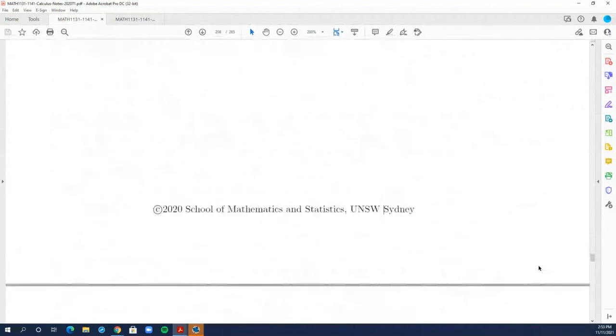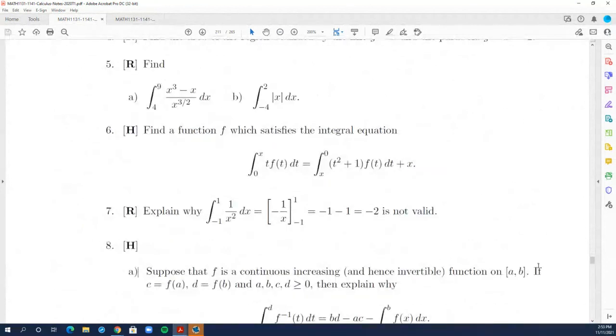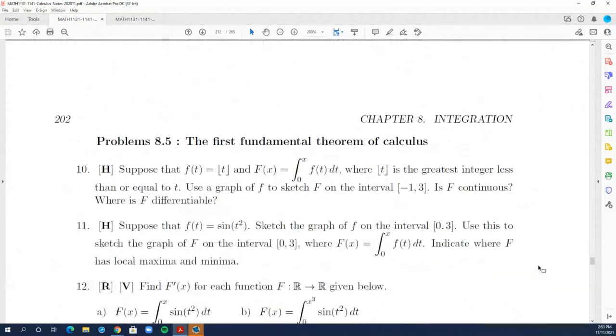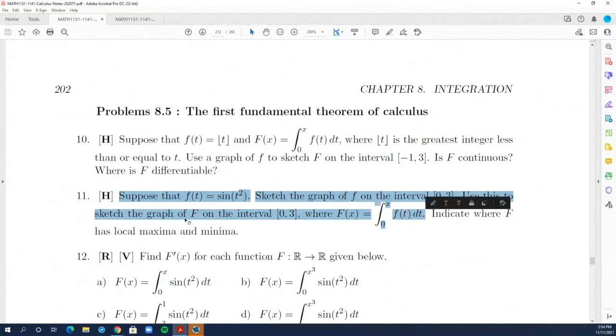Okay. Suppose you've got a function defined like that. Sketch the graph of the function and use the sketch to think about this function defined by an integral and indicate where capital F has maxima and minima.